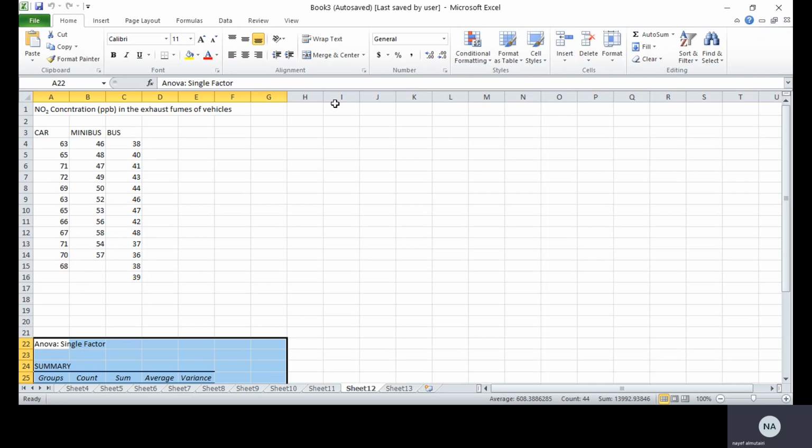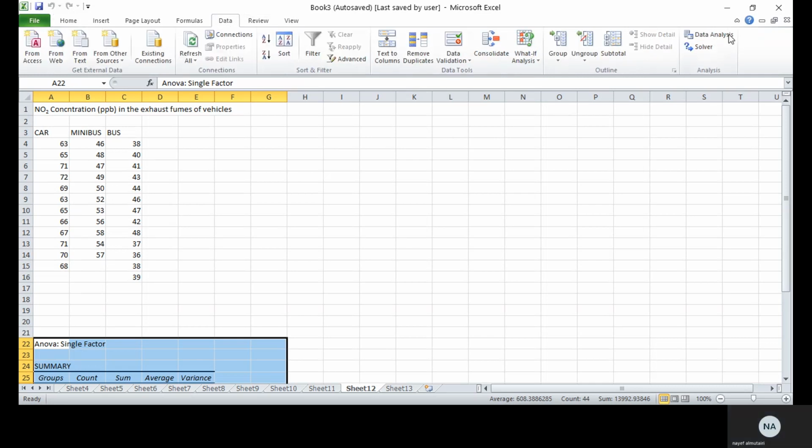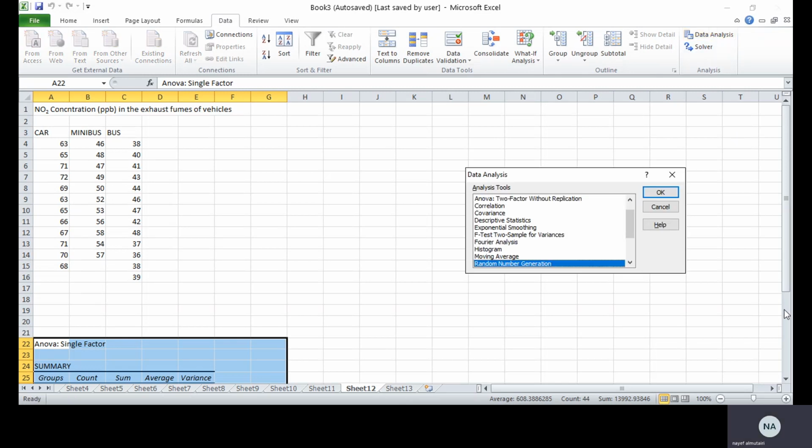So let's go to data analysis. And we go to ANOVA single factor, NO2. We don't have more than one factor.